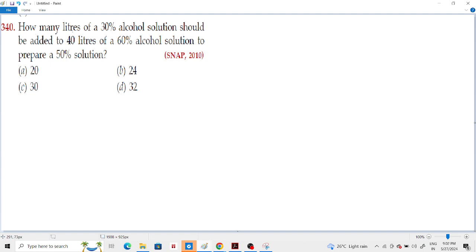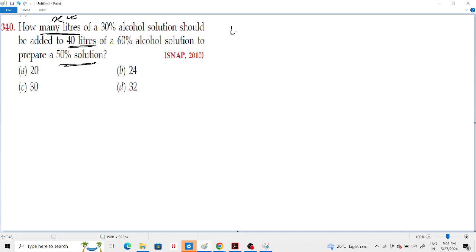So how many liters of a 30% alcohol solution? So x liters. This particular x liters of solution contains 30% alcohol, should be added to 40 liters. So when this x liter is added to 40 liters, it becomes 40 plus x. This 40 liters contains 60% alcohol, to prepare a 50% solution.